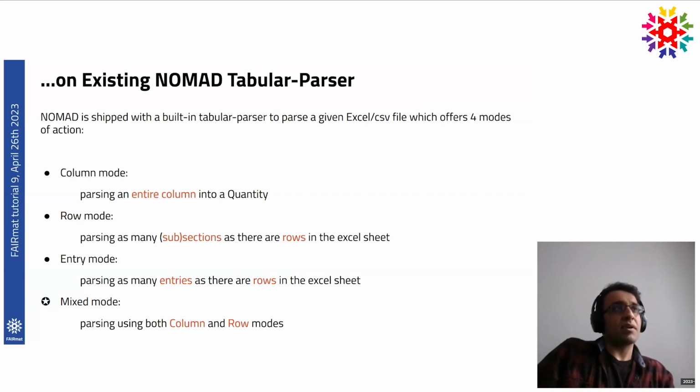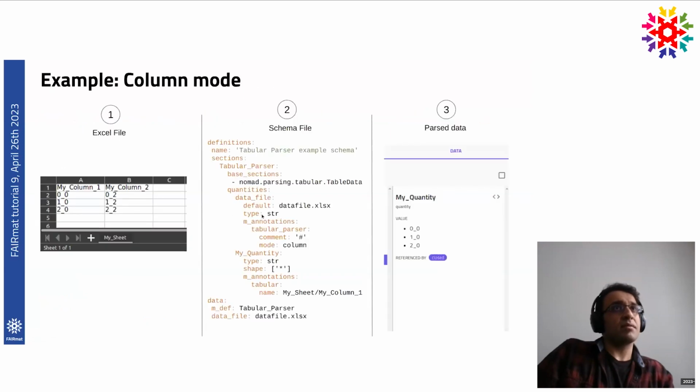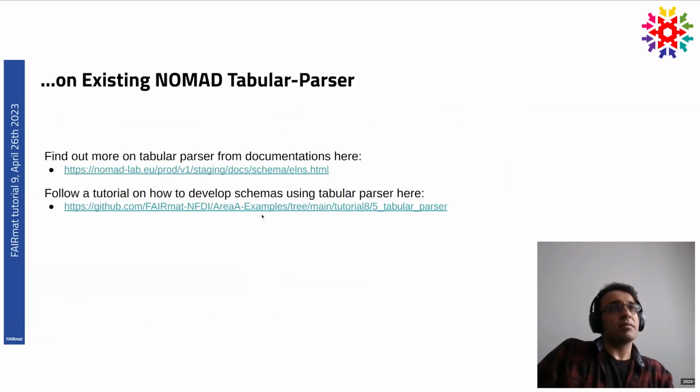And Laurie and Marcus have already extensively talked about the quantity. There are different modes which I'm not explaining here, but you can check them out in our documentation, or you can follow our previous tutorial given by Area A following this link.